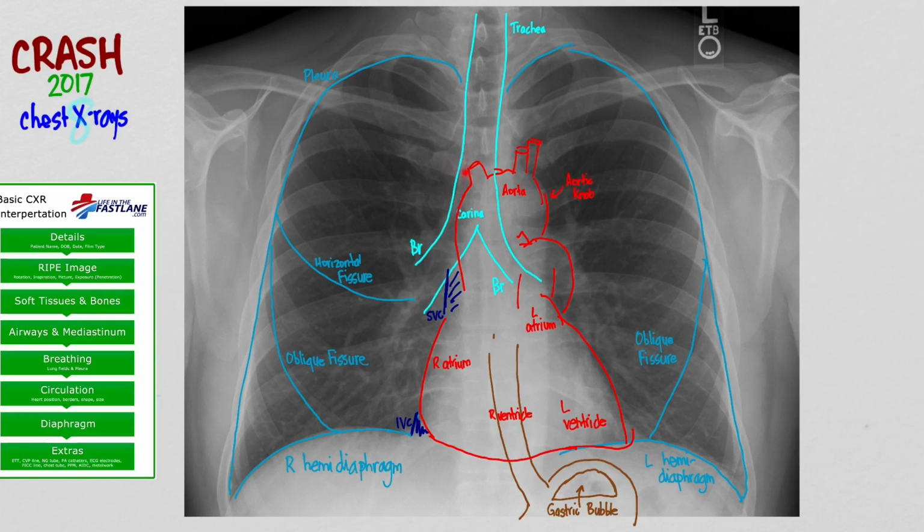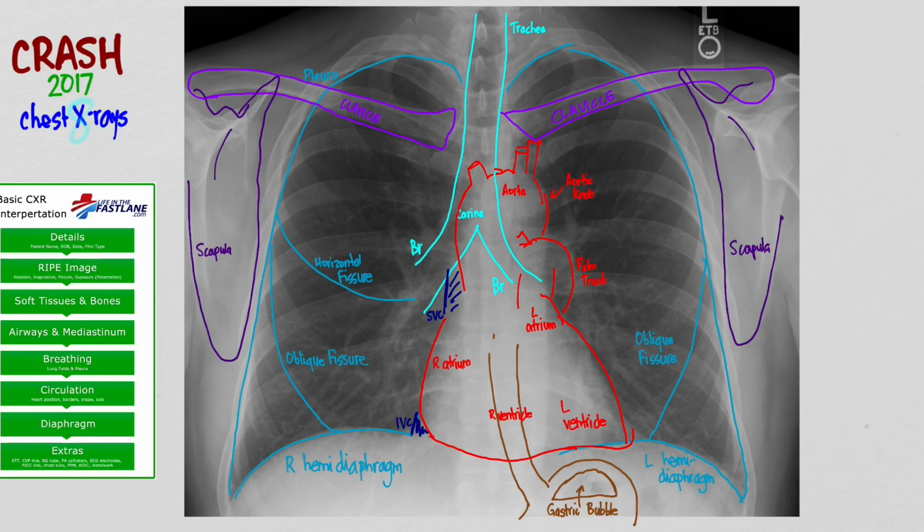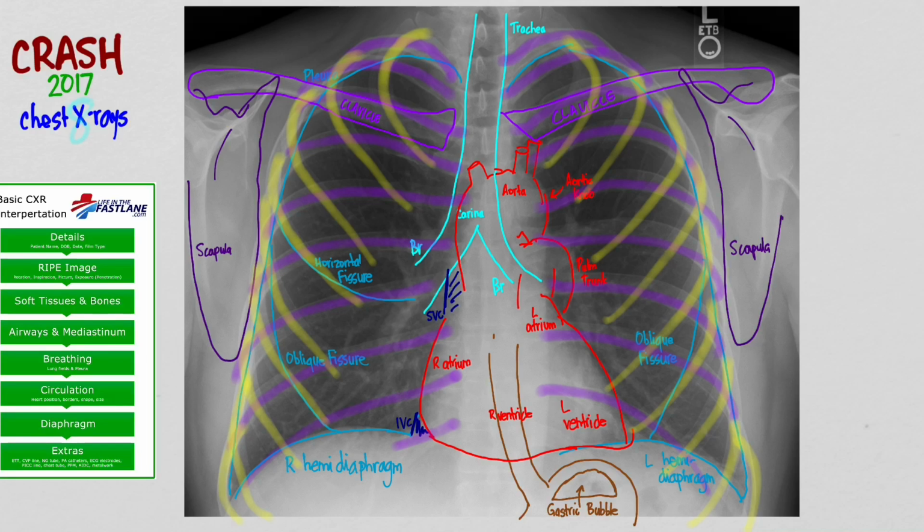You can't really see these vessels that well, but I drew them there just to make it look like an aorta. This is actually the pulmonary trunk over here. And of course you've got the clavicles, the scapulae, and the posterior ribs here I drew in purple, and then the anterior ribs as they come around in yellow.